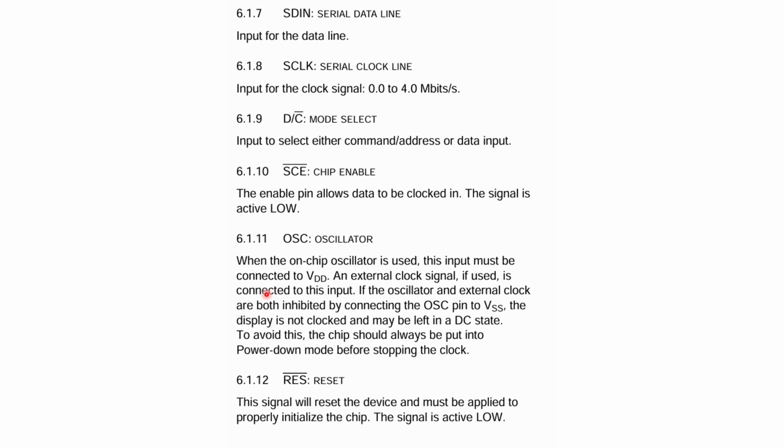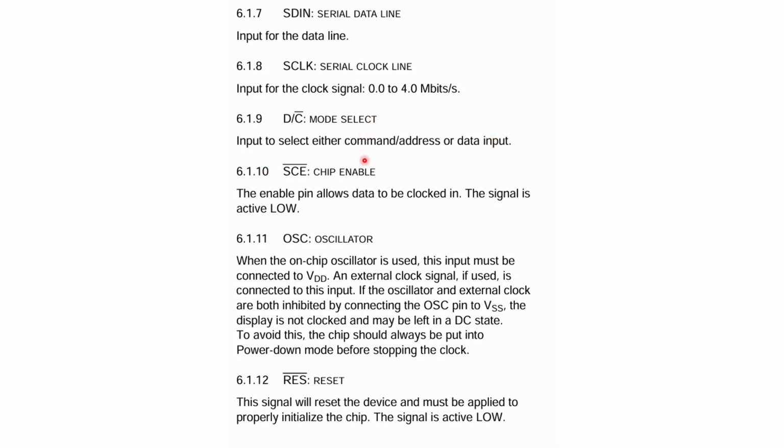We can quickly discuss the pins. So you have the pin that's called SDIN. Basically, that is the SPI data line. You have SCLK, that's the SPI clock line. This is the pin that specifies whether you send data or a command.